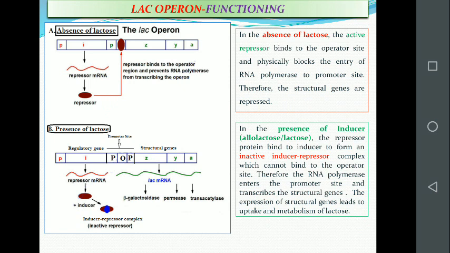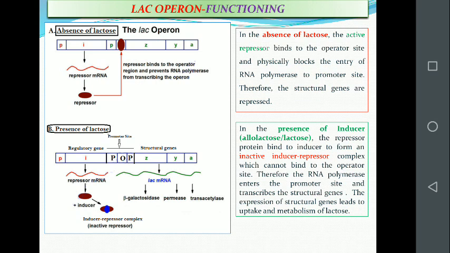Because of the greater quantity of beta galactosidase within the cell, the lactose is hydrolyzed into glucose and galactose. The glucose and galactose then enter other metabolic pathways where they are oxidized to produce energy and other materials necessary for other metabolic processes.